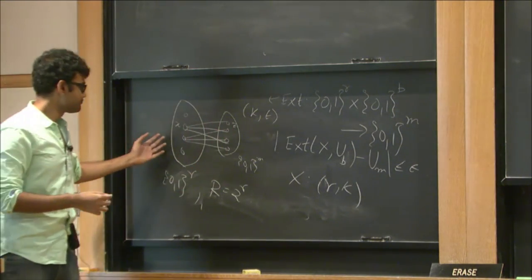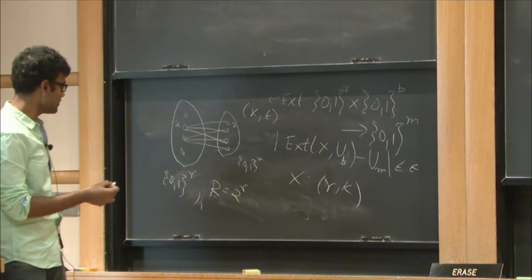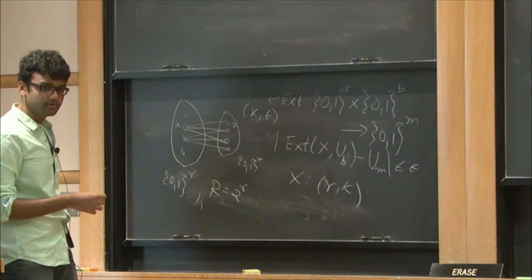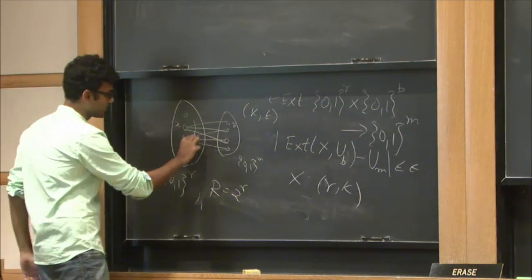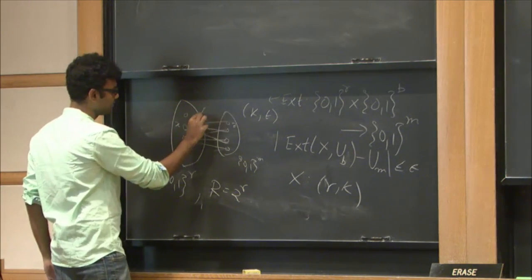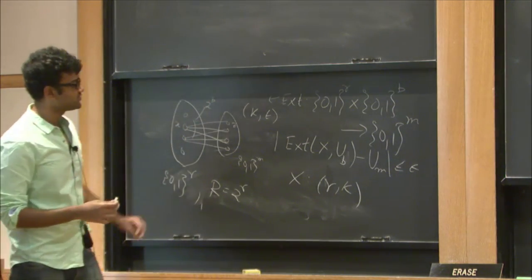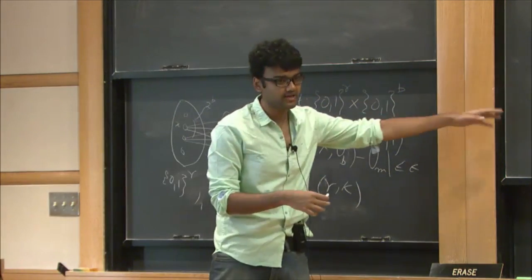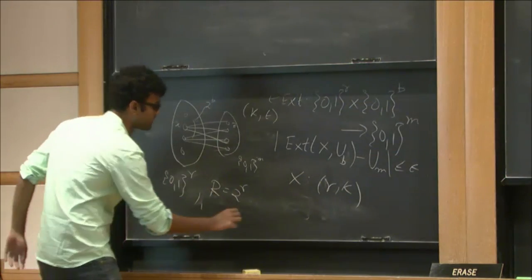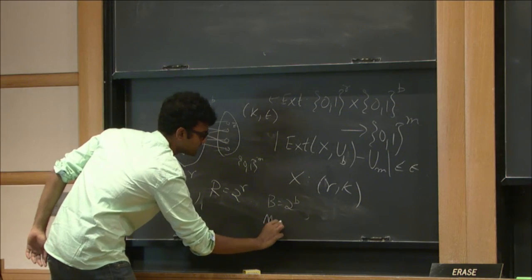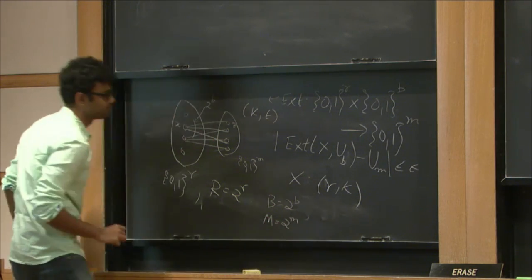So this is a graph theoretic way of looking at this extractor. The degrees are 2 power b, and think of all small letters as logarithms of the capital letters. So B is 2 power b and M is 2 power m.